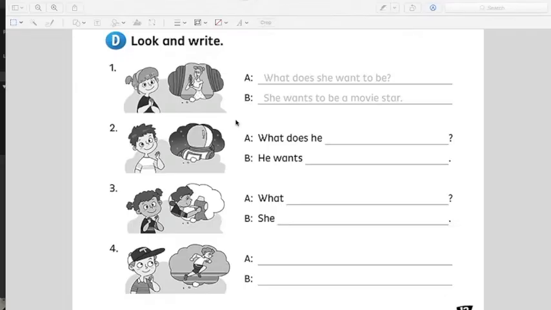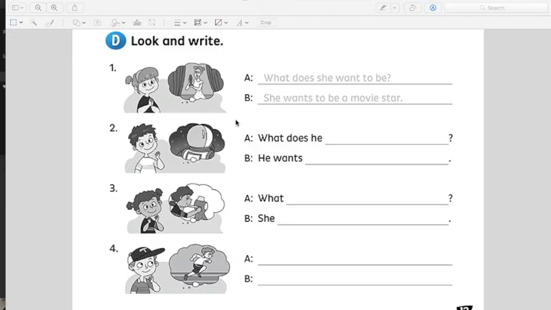Remember how to use your punctuation and make sure we write the correct verbs. Want to be, and if it's he or she, wants with an S. So let's not forget that. Okay, let's get started on letter D.